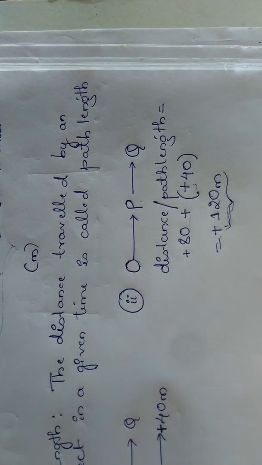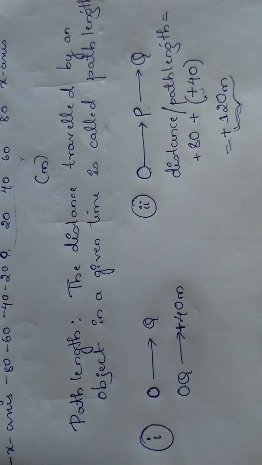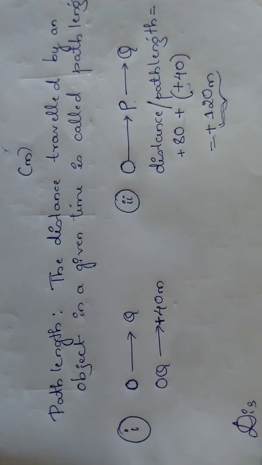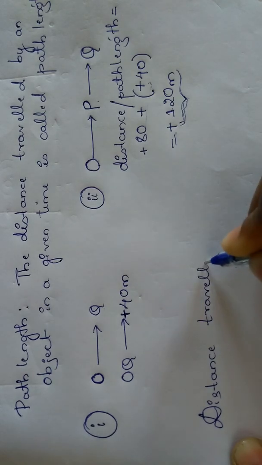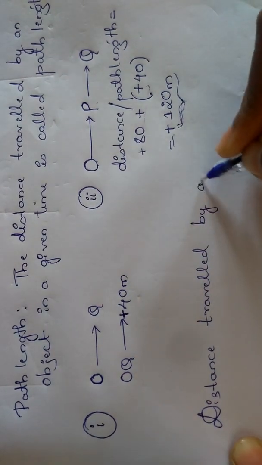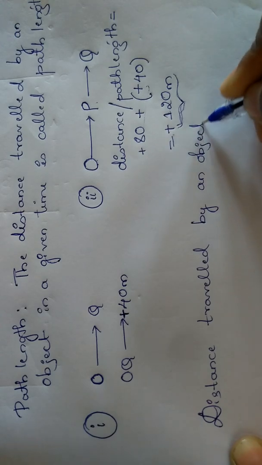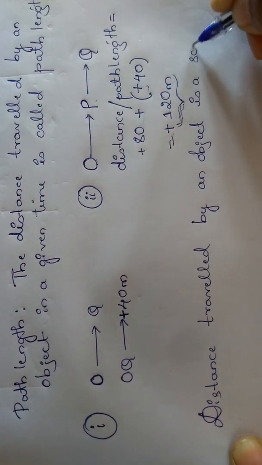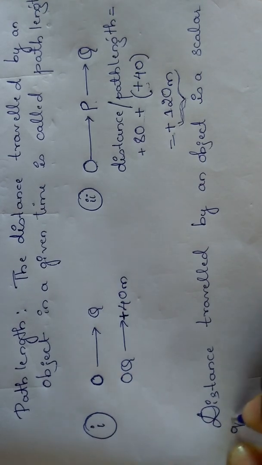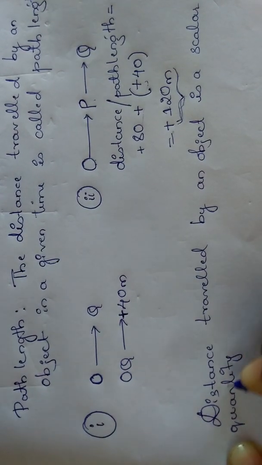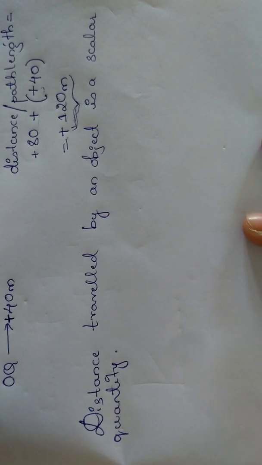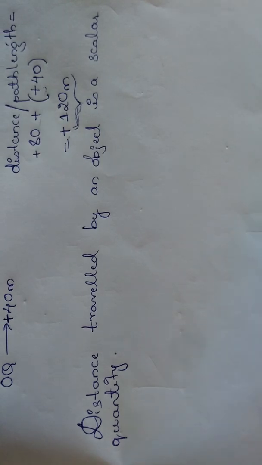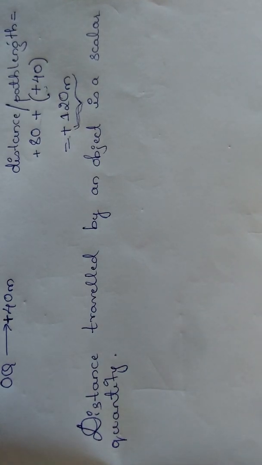So here the distance traveled by an object is a scalar quantity. Why is it scalar? Because here we are measuring only the magnitude. We are not concerned about the direction in which the body is moving. So hence the distance is a scalar quantity.